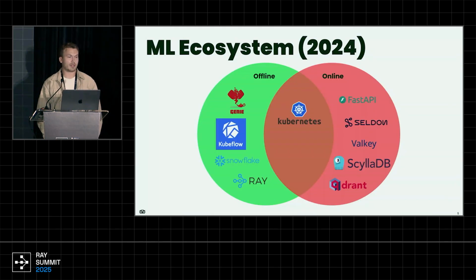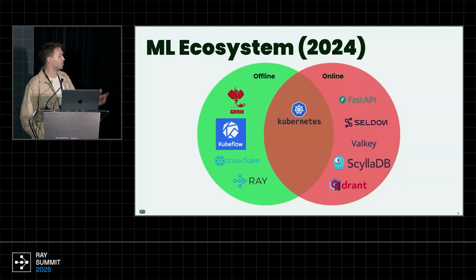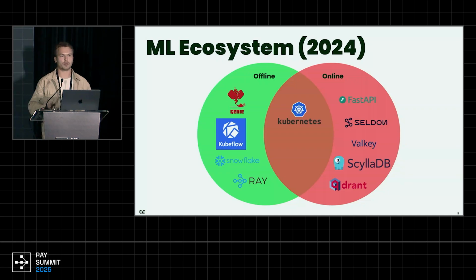And so in order to make all of that possible, we have a very comprehensive machine learning platform. This slide shows a snapshot of what our ML ecosystem looked like as of last year. It's a mix of both open source technologies as well as some proprietary software that we've built out. On the offline side, we have a centralized job scheduler as well as a lightweight workflow orchestrator, which is built around Netflix Genie.